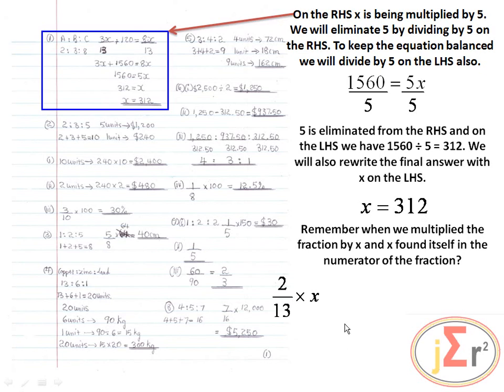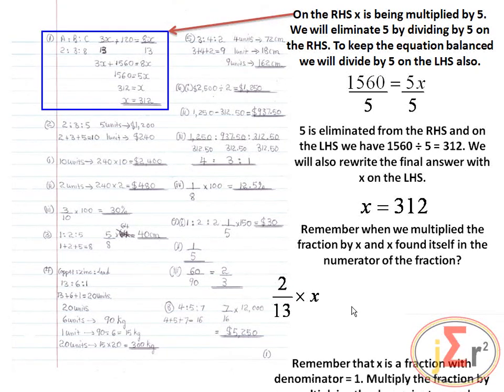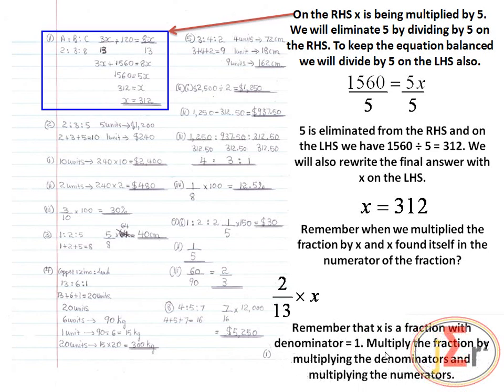But why then do we just place this x in the numerator? And why can we do that again? Let us see. Remember that x is a fraction with denominator equal to 1. So there we have it written, x as a fraction with the denominator 1.